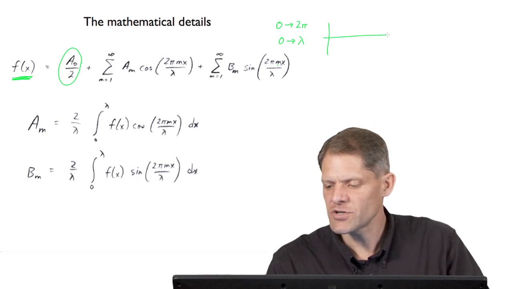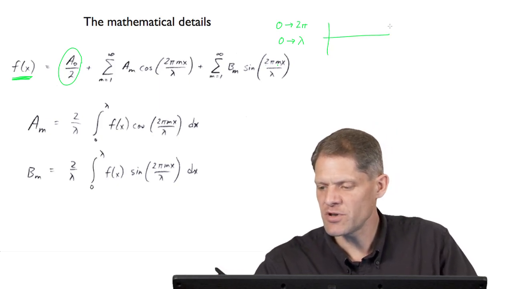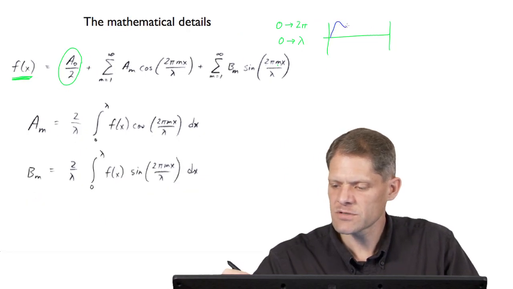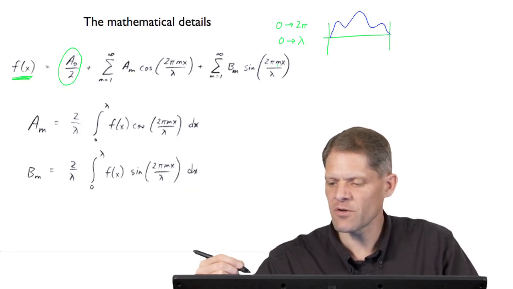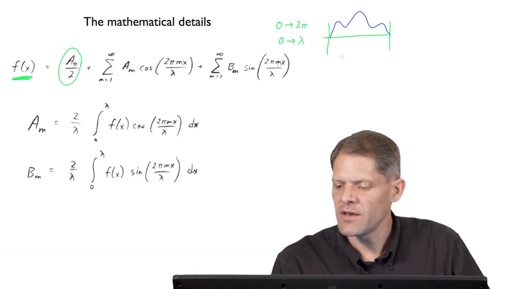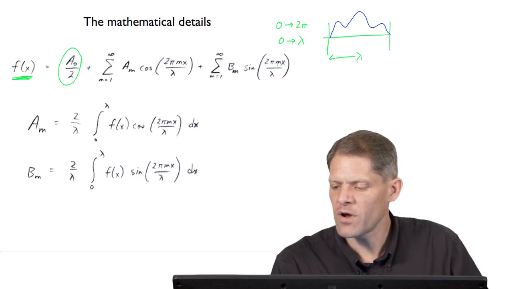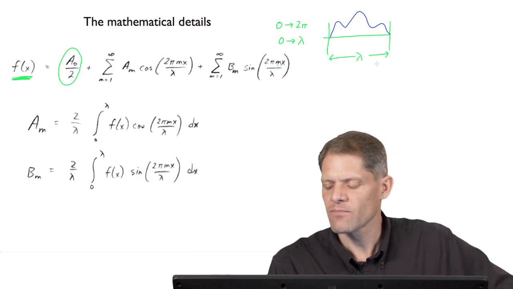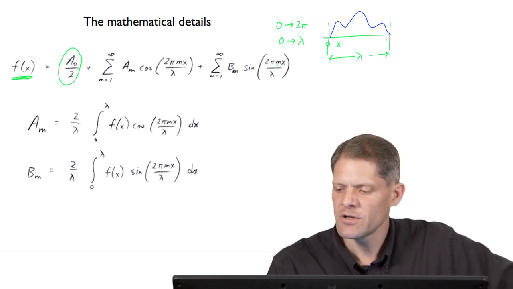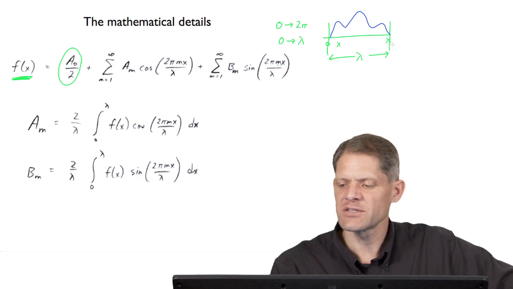So if the function that we're trying to reproduce looks, I'll try to draw it somewhat similar to the other one we had looked at, then this distance is one wavelength. And x is the coordinate that goes from 0 to 1 wavelength across the box.